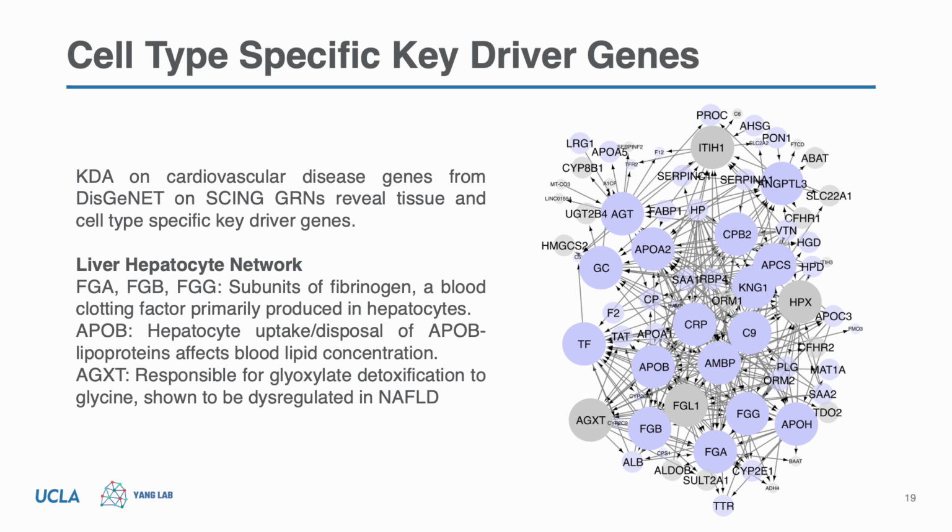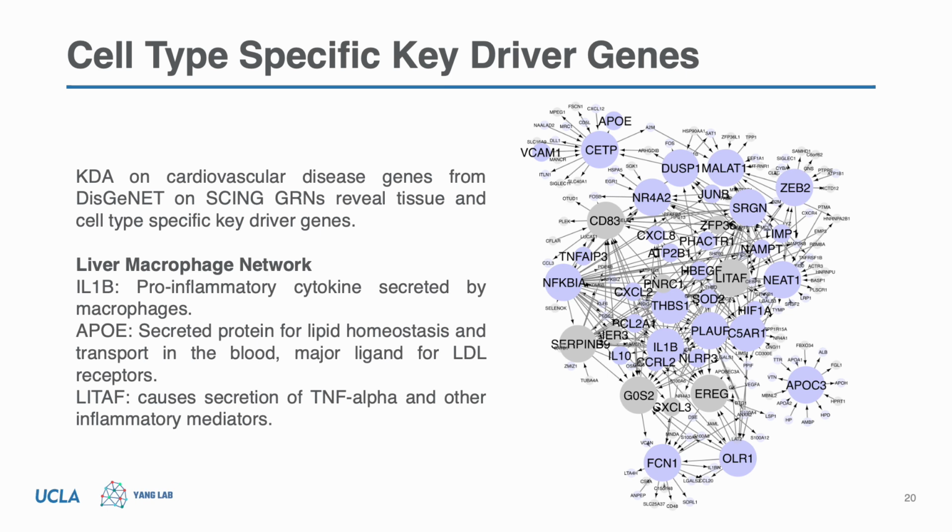These genes are also very specific to hepatocyte function, which is a good validation for us to see. When querying these same disease genes on a macrophage liver subnetwork, we see genes related to inflammatory signaling and inflammation, which again gives a good indication to us that these networks are capturing true biology.